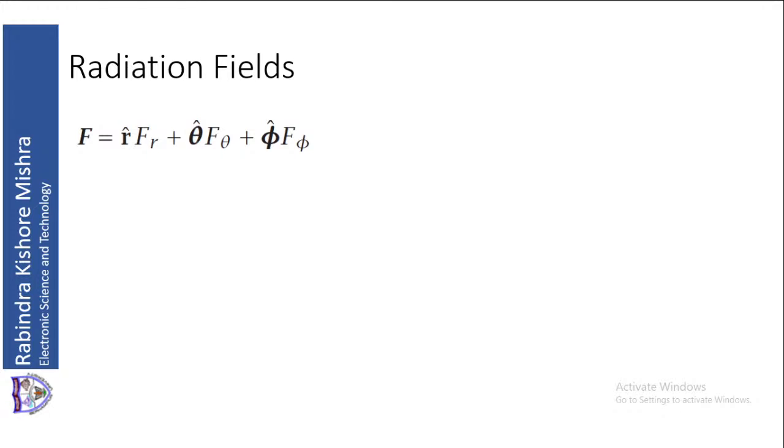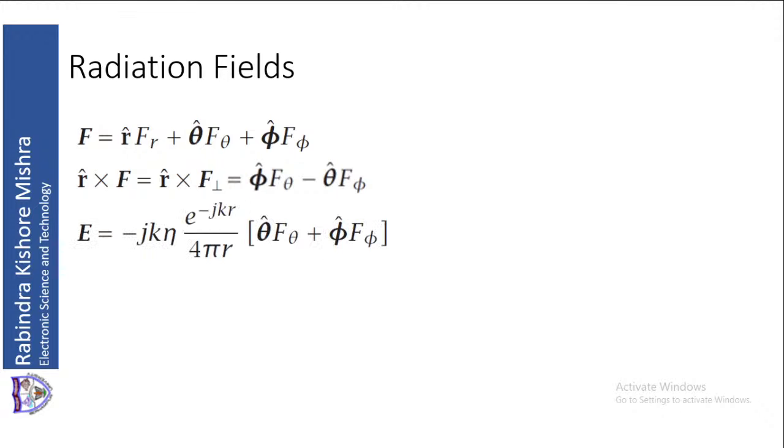Now F, as we know, is equal to r cap Fr plus theta cap F theta plus phi cap F phi. r cap cross F is equal to r cap cross F perpendicular. This we have already seen. I am just repeating it for remembering. Then E, we have seen the expression for E in terms of F and r cap.